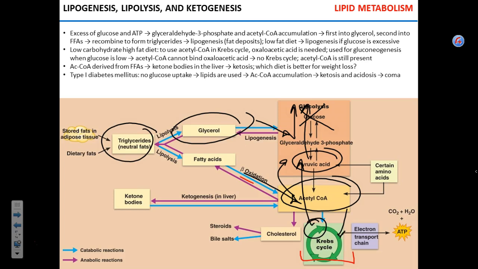However, when your carbohydrate intake is extremely low, oxaloacetic acid is used for gluconeogenesis. Does it make sense? Let this idea sink in. Oxaloacetic acid is used for gluconeogenesis.